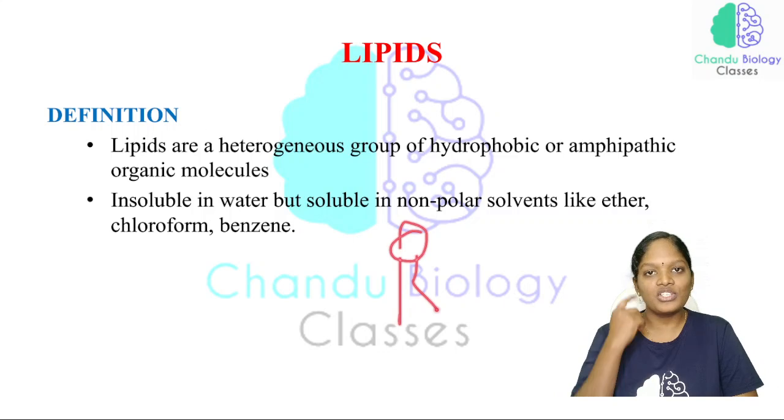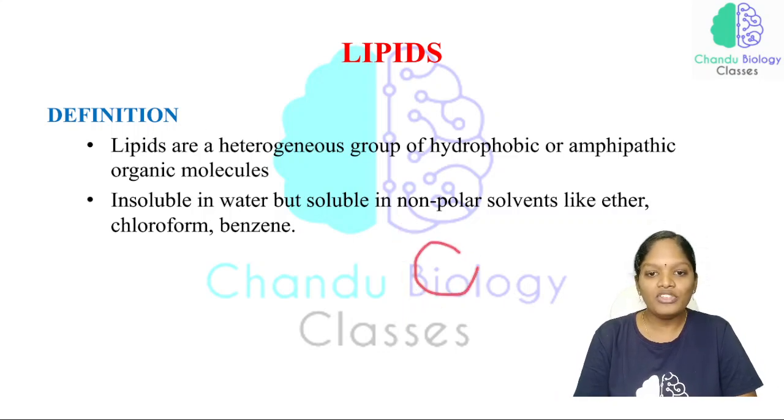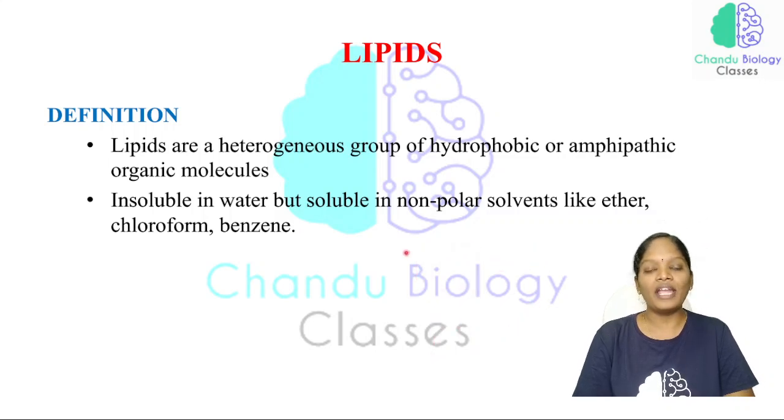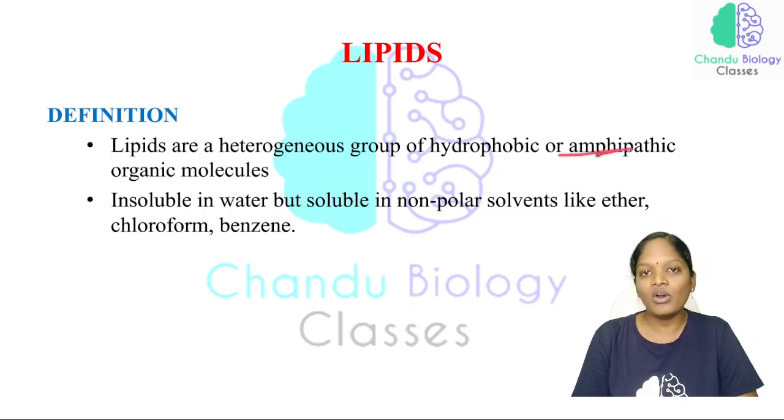The structure of the plasma membrane is a lipid bilayer, and if we zoom in on one lipid, this is a phospholipid, which has a hydrophilic head and a hydrophobic tail. As both hydrophobic and hydrophilic parts are present in the same compound, we call that lipid an amphipathic organic molecule.